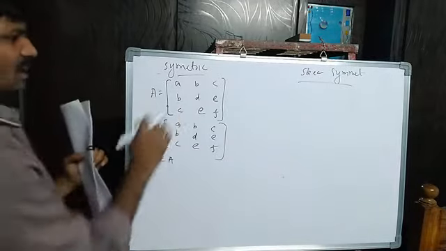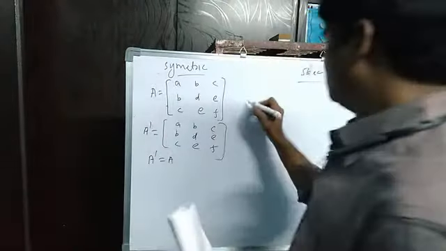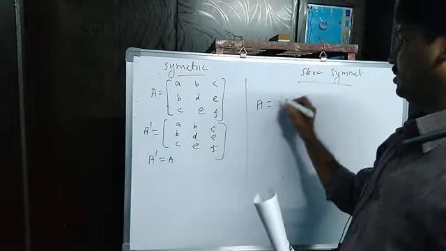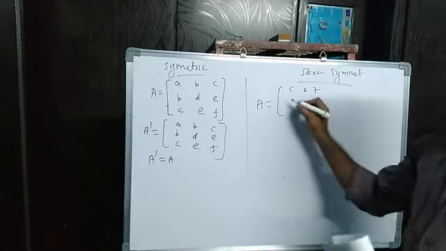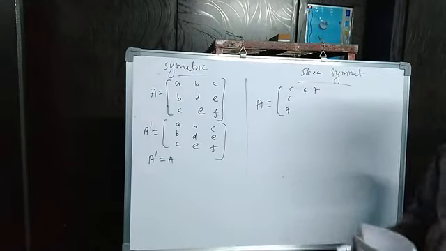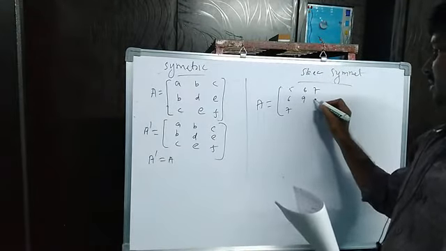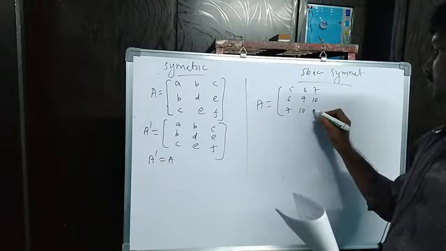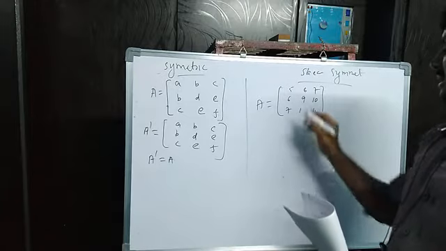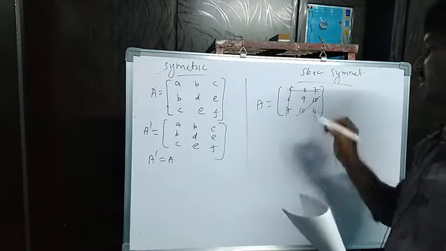If you want, instead of A, B, C, D, E, F, you can give numbers also. Suppose matrix A is equal to, I am taking like this, 5, 6, 7. Whatever elements you take here, the same elements you have to take here also. Here suppose 9 I am taking, here 10, here also you have to take 10, here 9, and here suppose 4. Here and here we have to write the same elements.